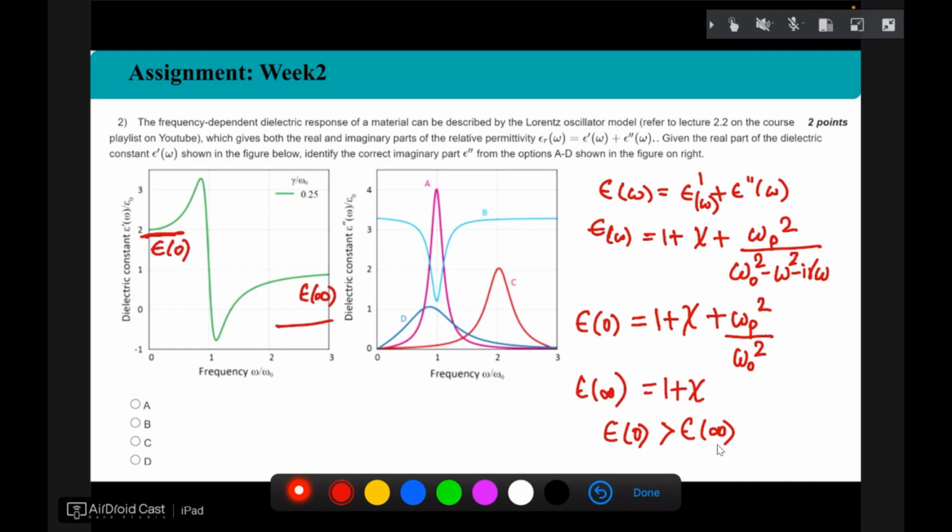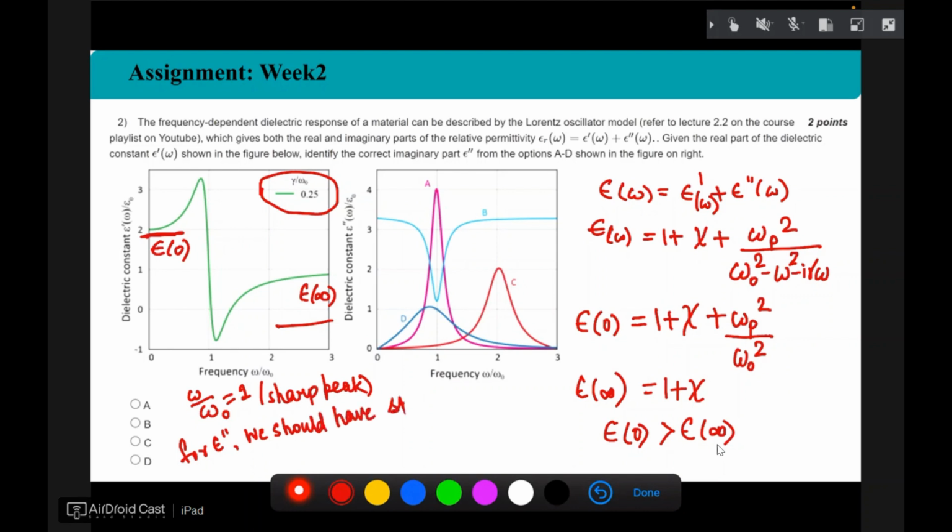Here we are given that gamma by omega naught is 0.25. Now we want to find the epsilon double prime. In the first case we can see that omega by omega naught has a sharp peak around 1. From the lectures we can say that epsilon double prime should also have a sharp peak around 1.